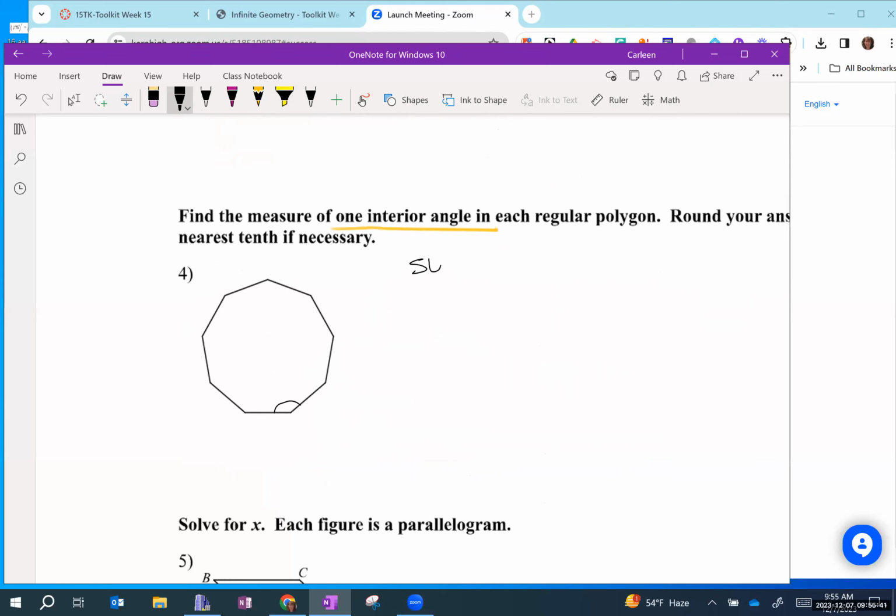The sum of the interior angles is n minus 2 times 180, correct? So what is n? 1, 2, 3, 4, 5, 6, 7, 8, 9. N is 9. So we're going to take 9 minus 2 times 180.